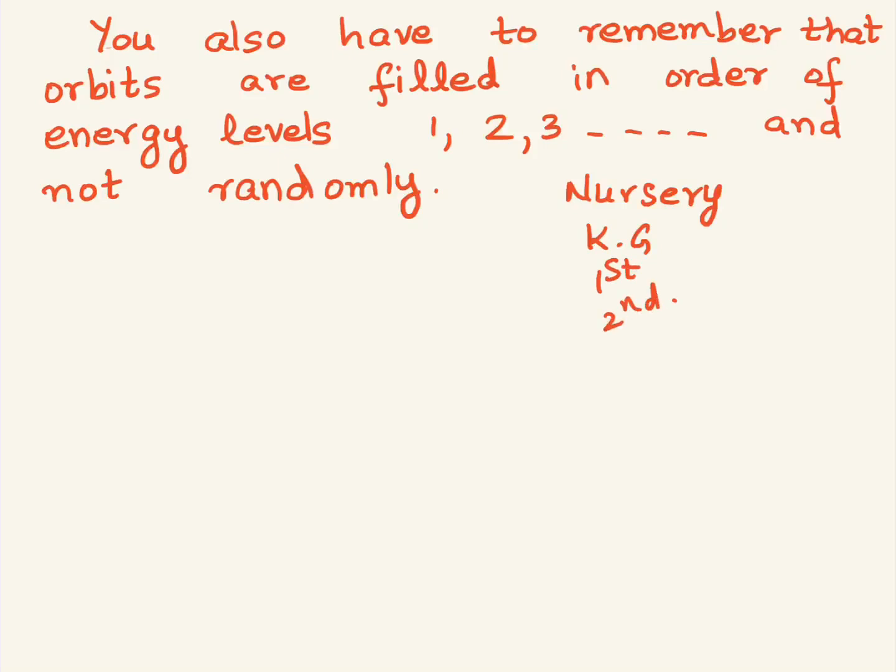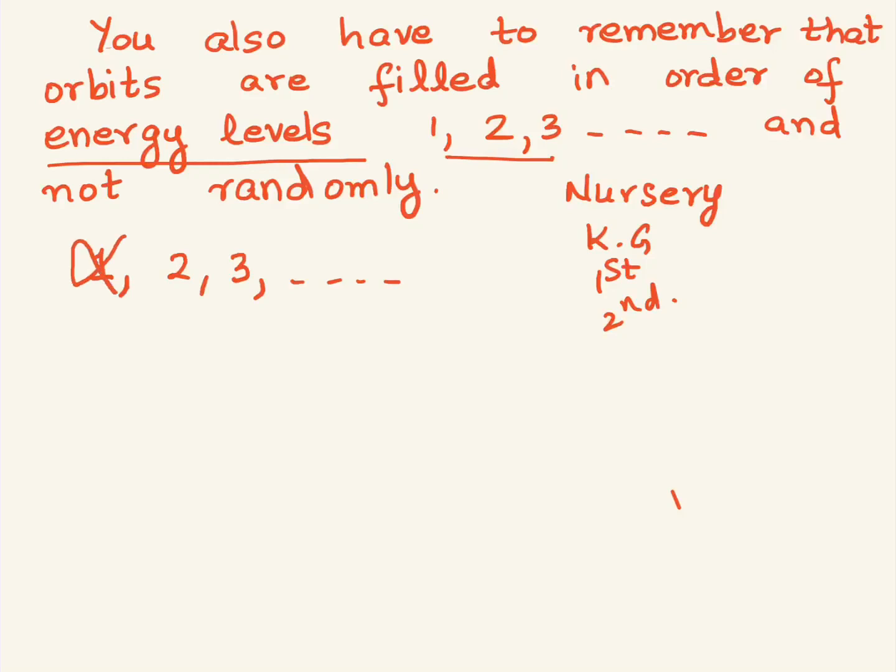Same way, when an electron has to enter an empty atom, an atom which does not have anything, we say that the electrons will always enter in the order of increasing energy levels. So, an electron will go into the first energy level, then the second energy level, then the third orbit and so on. Yes, energy levels is the same thing as orbits.